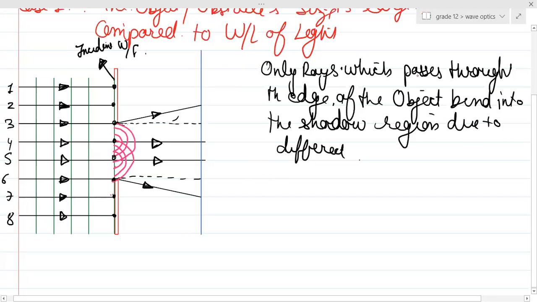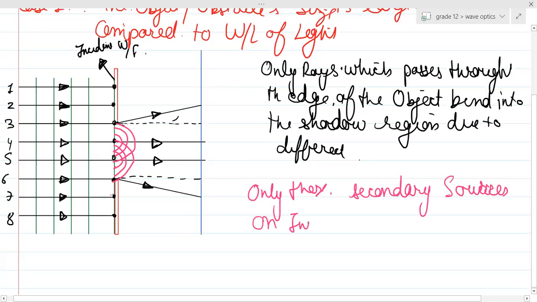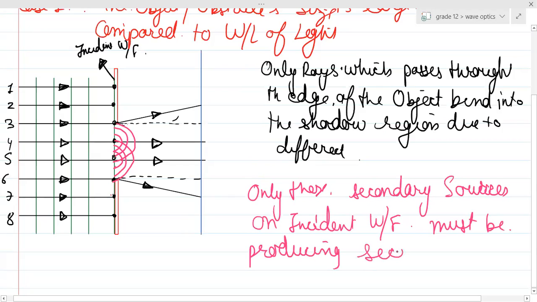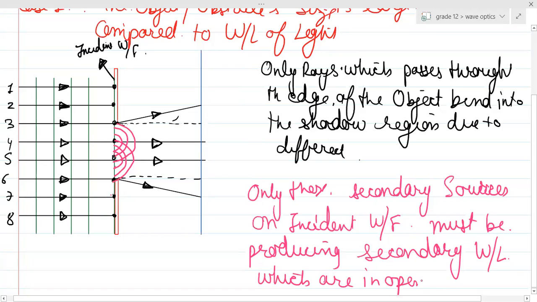So please remember, only the rays which pass through the edge bend into the shadow region, and only those secondary sources on the incident wavefront must be producing secondary wavelets which are in the open region of the slit, right?